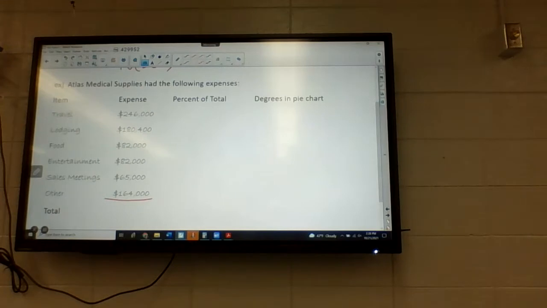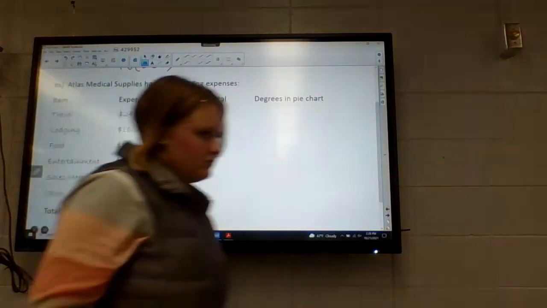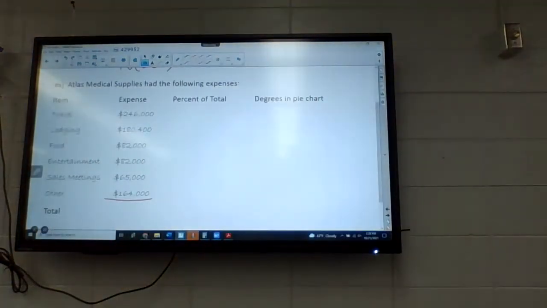No, yes, travel is per day. 246,000 each time. Just one day. I like to go around the world too. I love to be staying in a hotel where it's $180,000 a night. Transporting by airplane is pretty expensive. Such a good price.